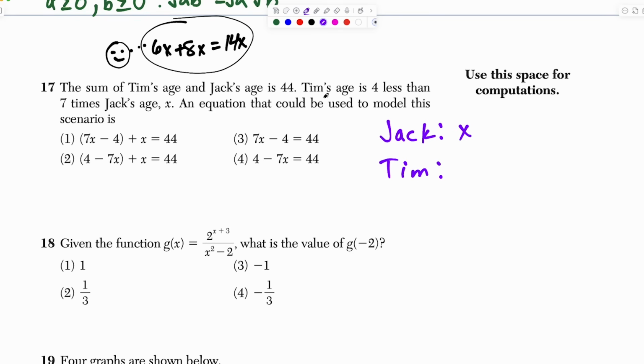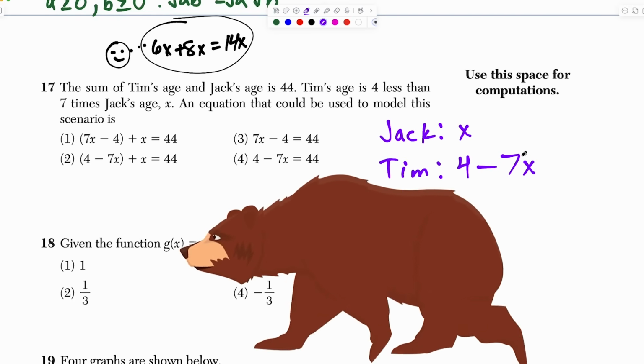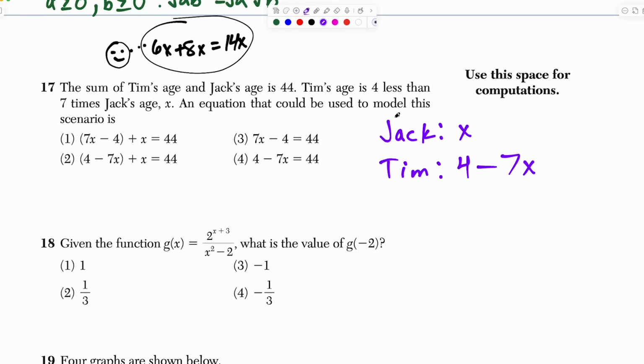And then they tell us Tim's age is 4 less than 7 times Jack's age. So for this one, it is tempting to say, ooh, 4 less than, I'm going to say minus, and then 7 times Jack's age x. But this is a very dangerous bear trap. When you hear 4 less than, this means that you're going to have to switch and subtract.